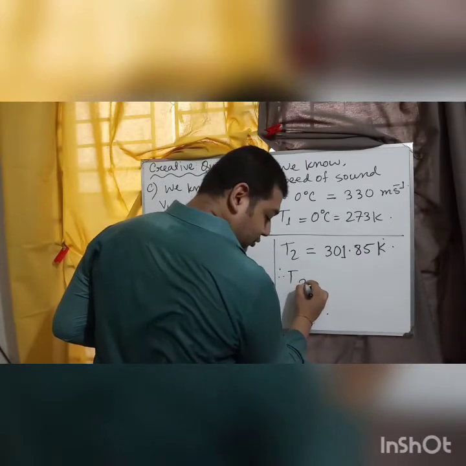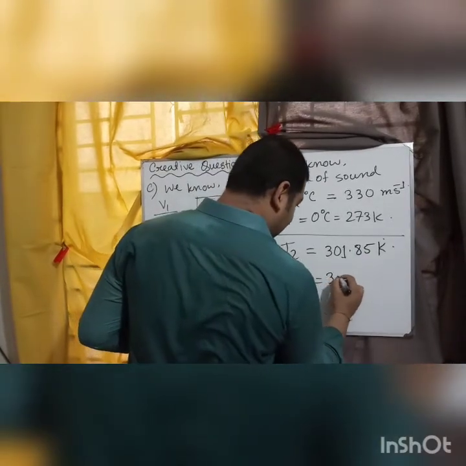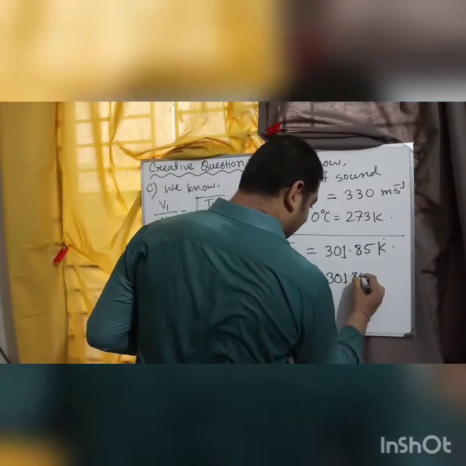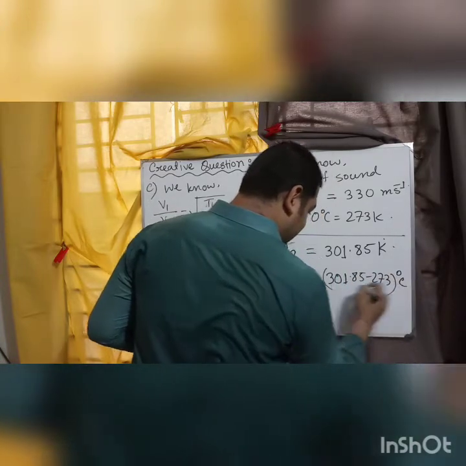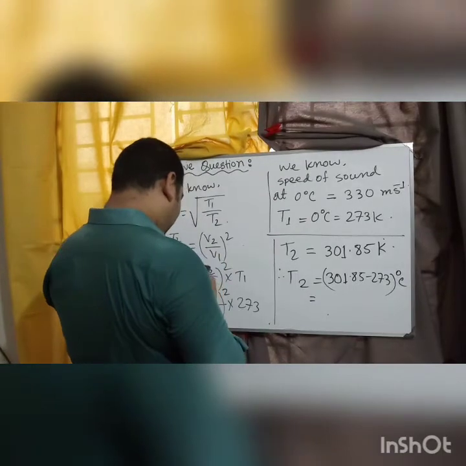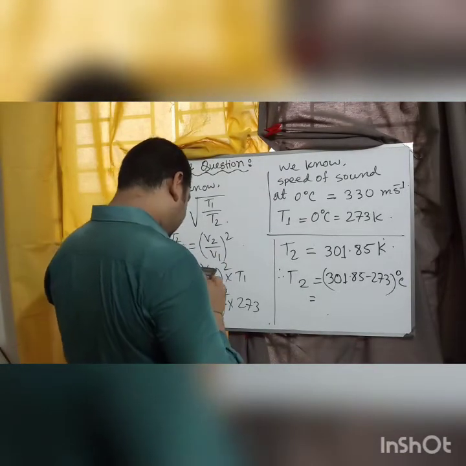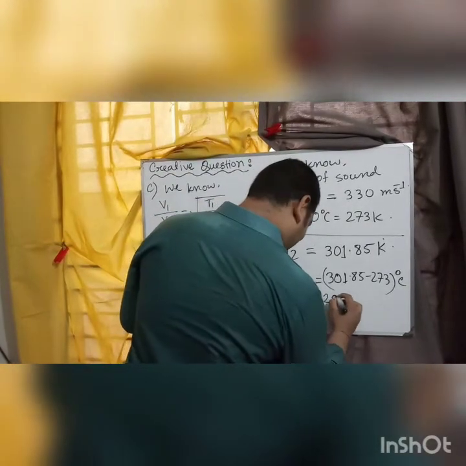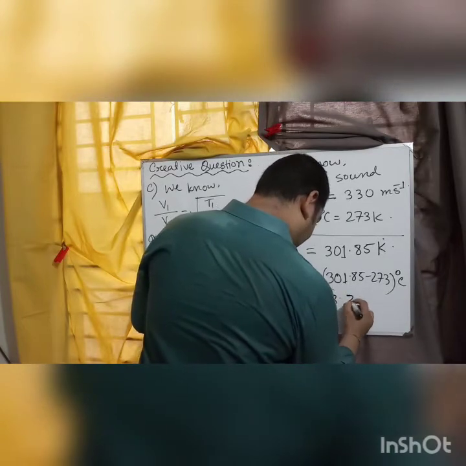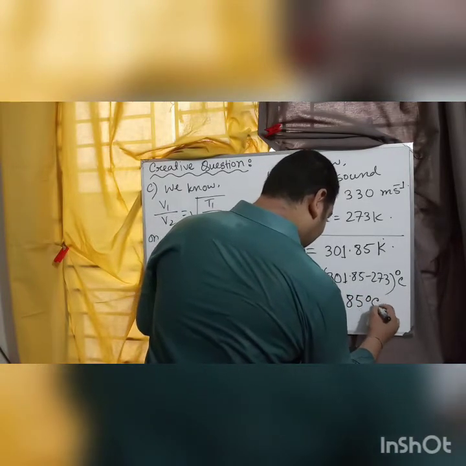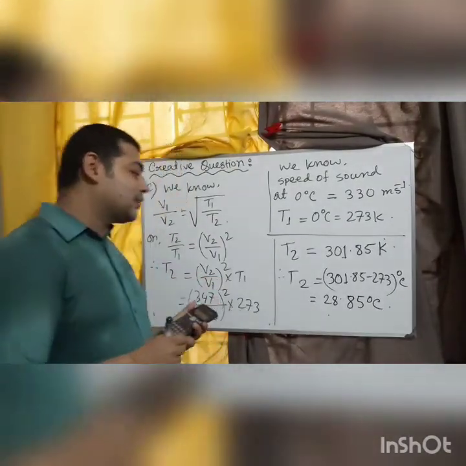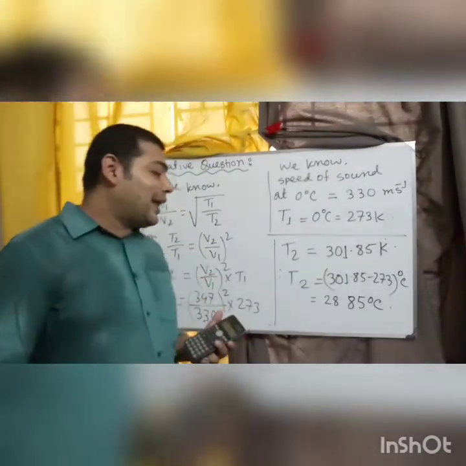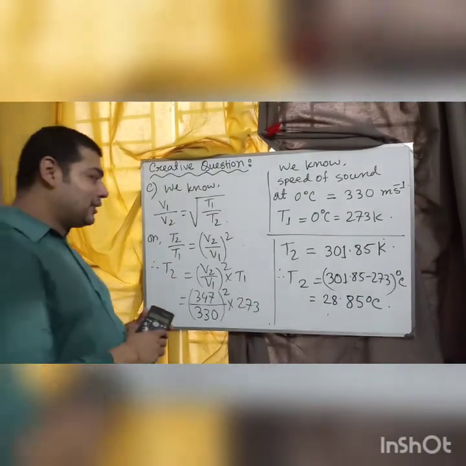Or T2 equal to 301.85 minus 273 degrees Celsius, so we get 28.85 degrees Celsius. So the temperature of the air is 28.85 degrees Celsius.